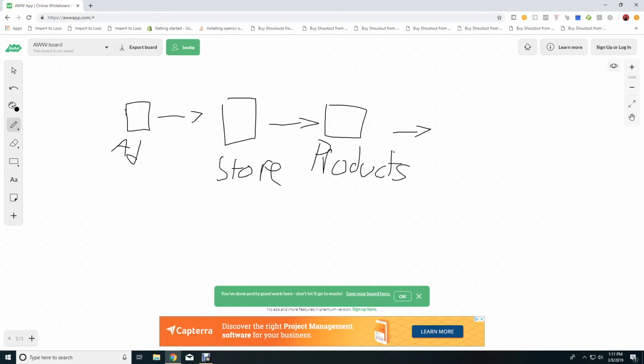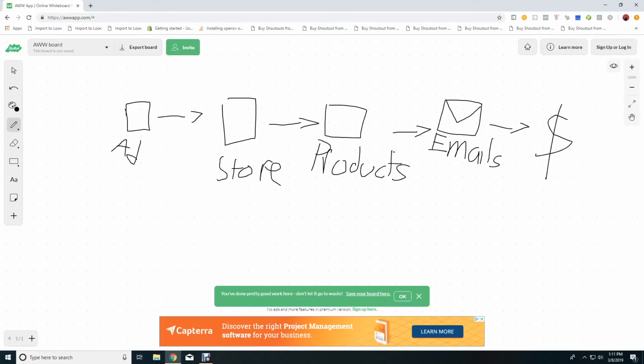And then from here, we make a sale. But not only that, within this entire process, we're collecting a lot of emails. And then we make a sale.